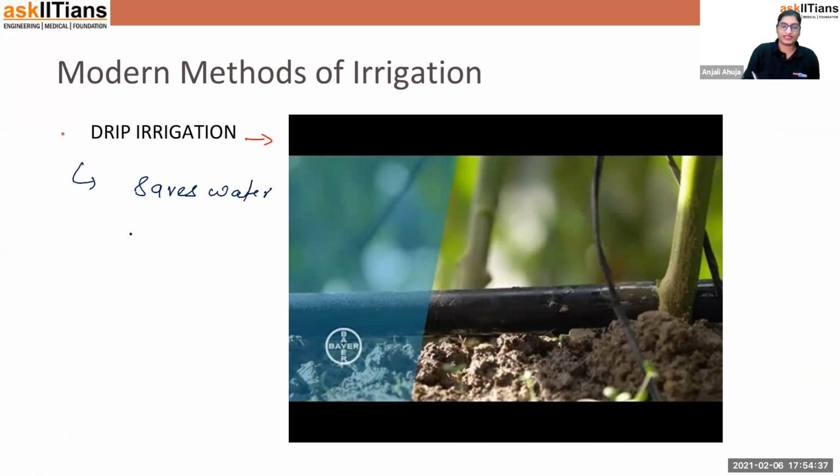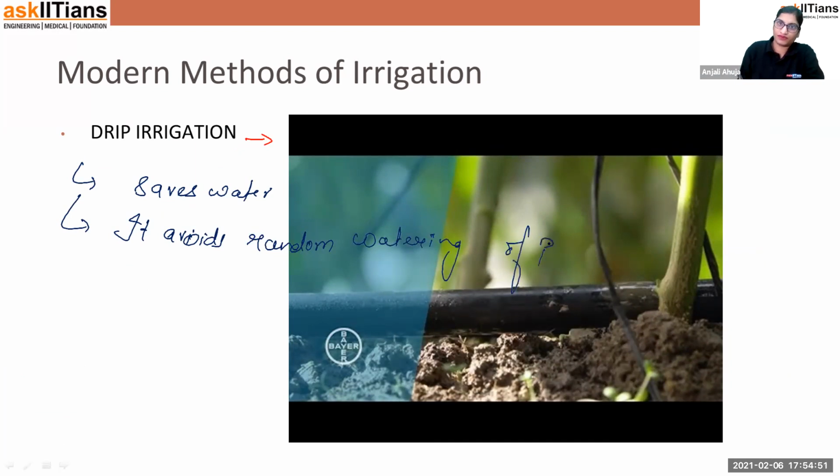Then you can say it avoids random watering of plants. So the next one, this is improving water holding capacity of the soil.